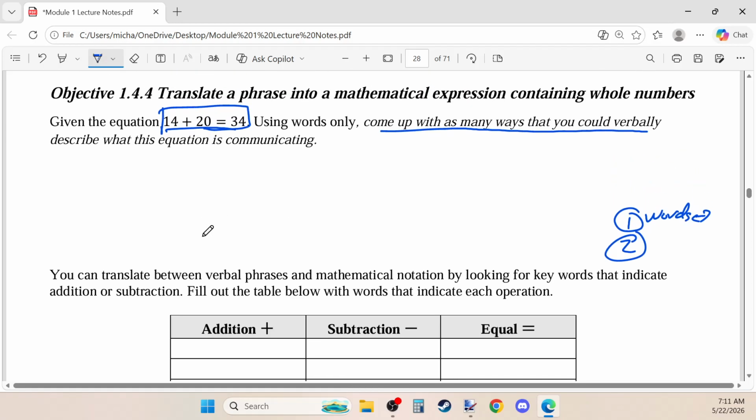Anyway, the way that we're going to do this problem is you might say the sum of 14 and, oh, it says using words only.